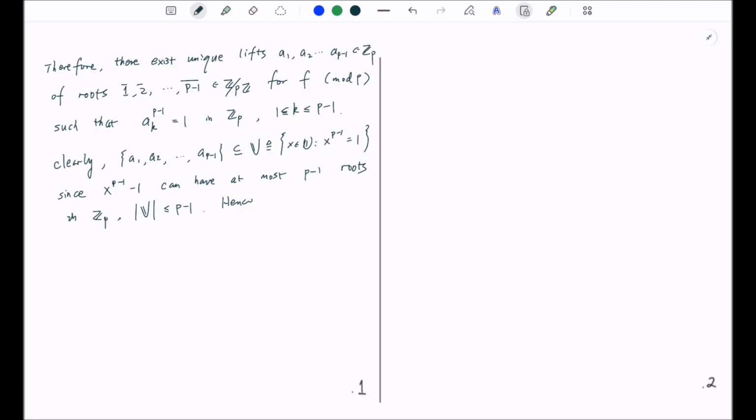Hence they must be equal, and those p minus 1 elements are precisely the p minus 1 roots of this polynomial in U. Therefore, V is indeed a subgroup of U of order p minus 1.